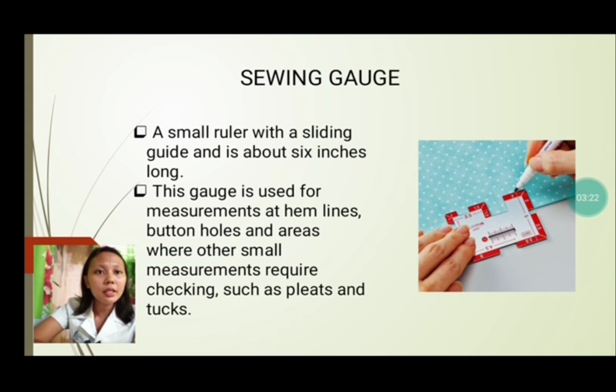This tool is not usually used by what we call a designer. If a designer needs to use it for further drafting a pattern, then the sewing gauge is used. Okay, that is a sewing gauge.